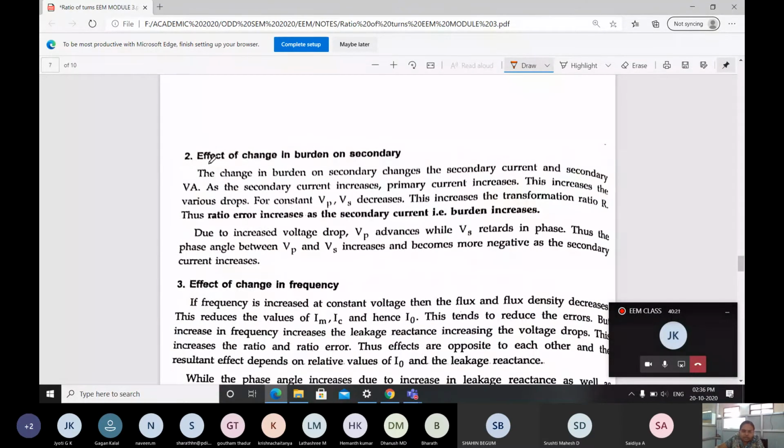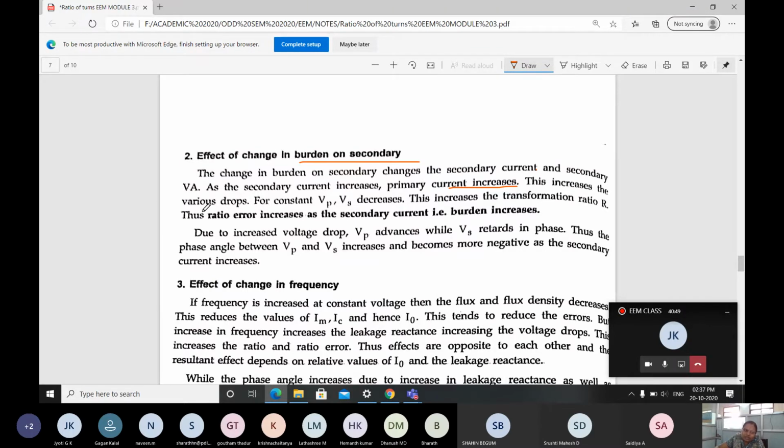Next, the effect of change in the burden on the secondary. The change in the burden on the secondary changes the secondary current and secondary voltage. As the secondary current increases, the primary current also increases.